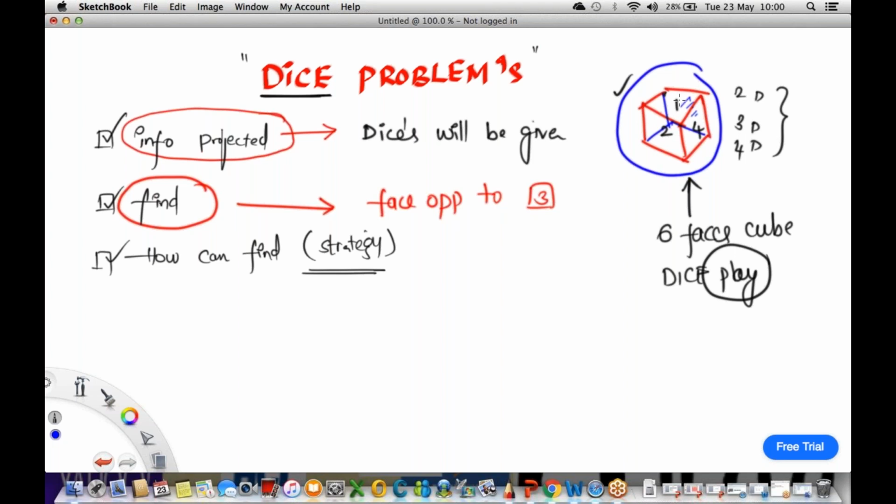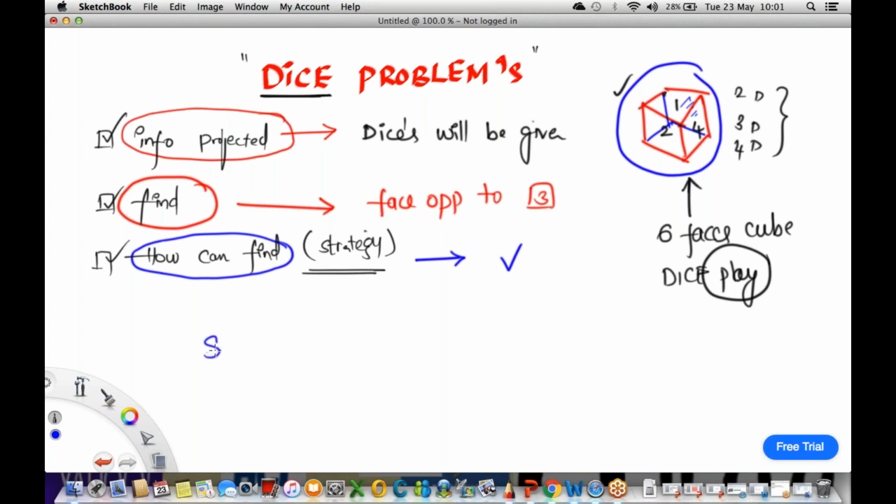If you want to find the opposite face, what are the strategies? How can we find that opposite face? If we are clear with that concept, you can solve the questions which are based on dice, and all the questions are based on this strategy only.